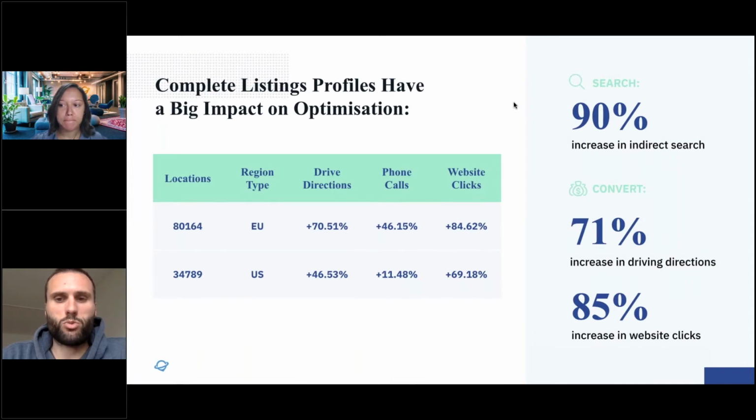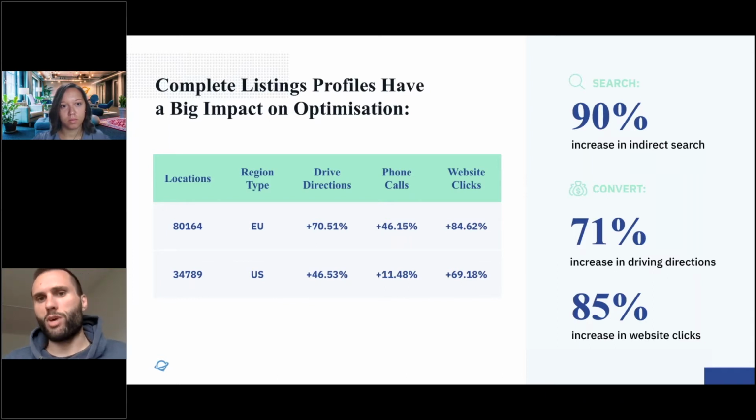Secondly, we analyzed this in a slightly different way. We looked at just the most complete profiles: if a location profile had 100% accurate information across all of its online directories versus the rest. We wanted to see whether the best of the best outperform the rest, if they have complete profiles on all of the online listings where their business information is out there, and what impact that has on their GMB profile conversions.